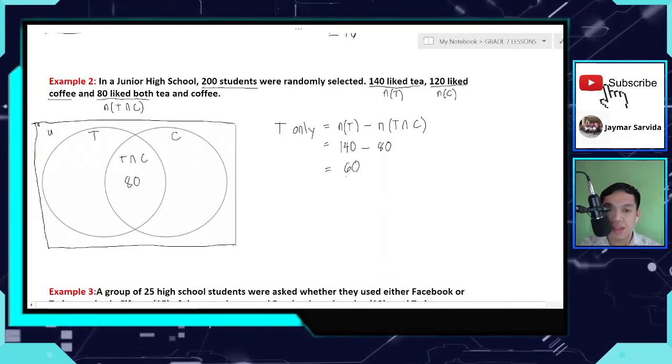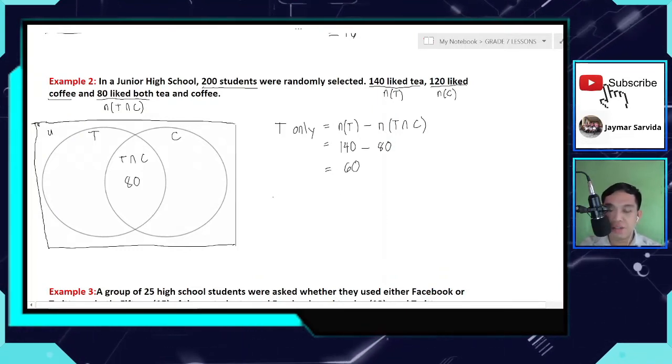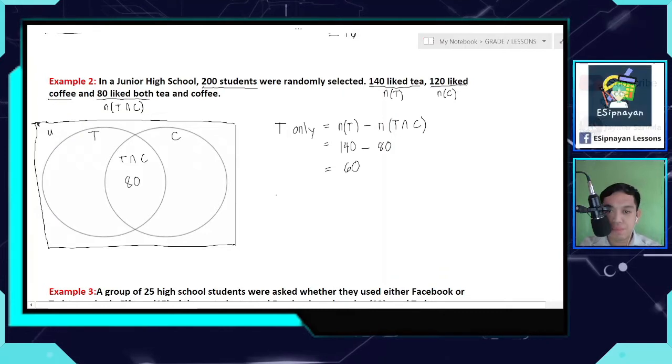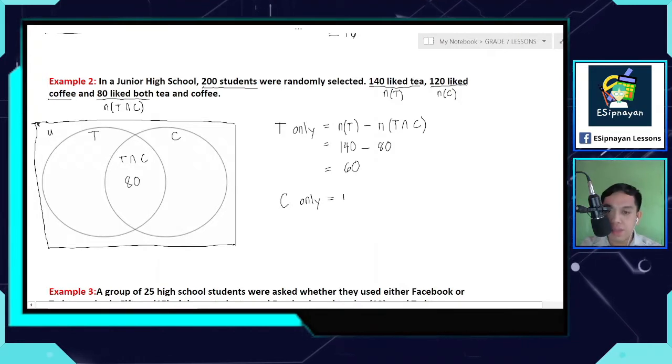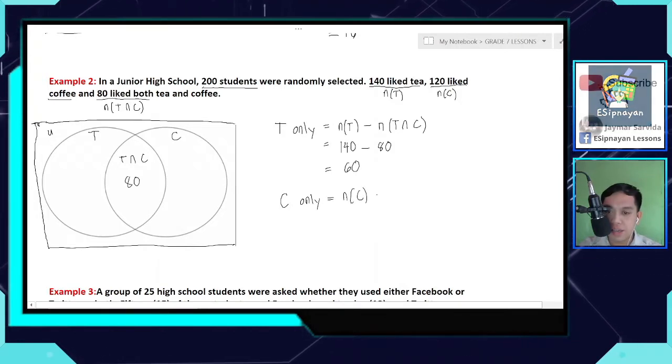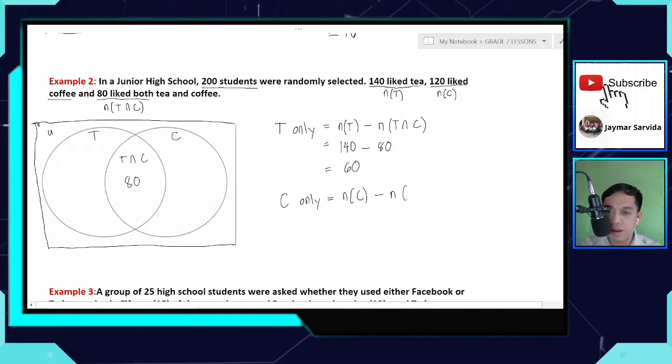Then next is, ito namang ating C only. So N of C minus N of T intersection C. Isubtract lang natin yan.